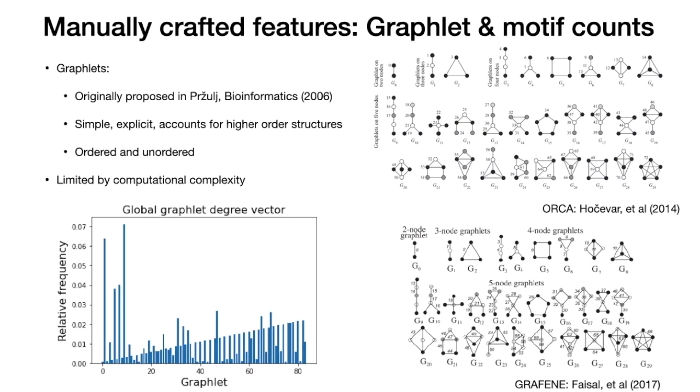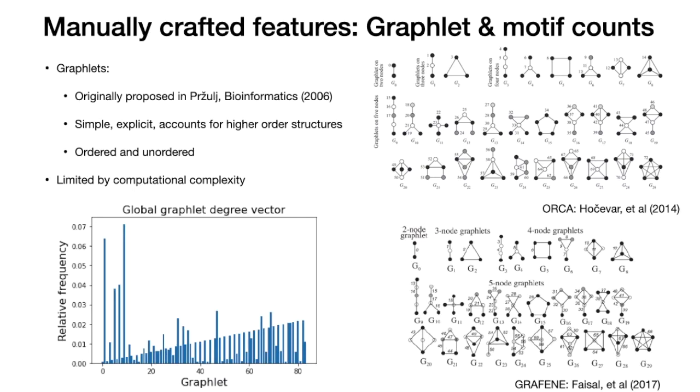The first class of methods is that of manually crafted features, namely graphlets. So graphlets were originally introduced by Natasa Przulj in 2006 as a method to assess the structural role of a node in a protein-protein interaction network. Graphlets are non-isomorphic structures that can be seen as analogous to wavelets in signal processing.